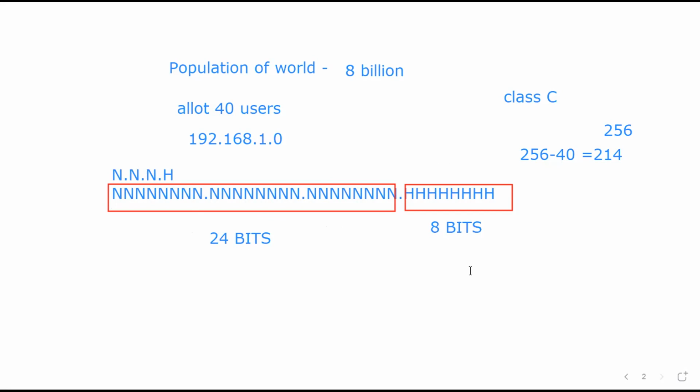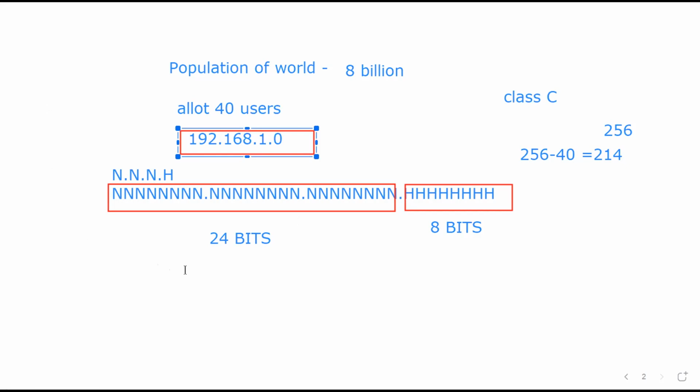So you got a task to allot IP addresses to 40 users with the private range of IP 192.168.1.0.